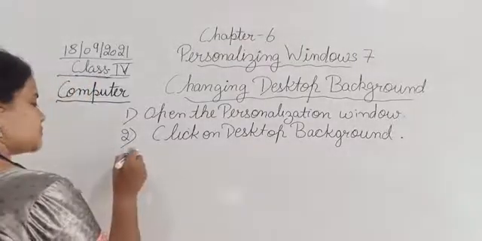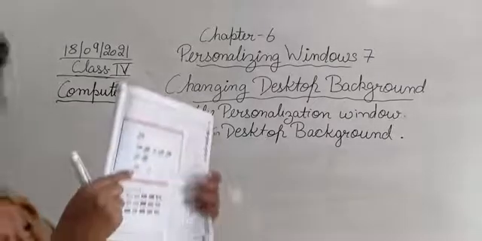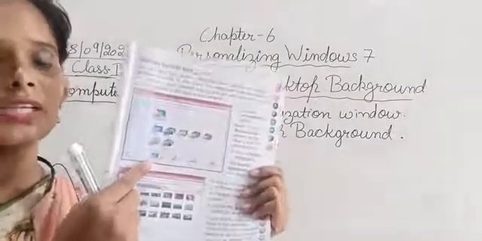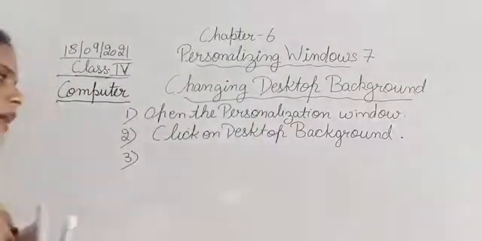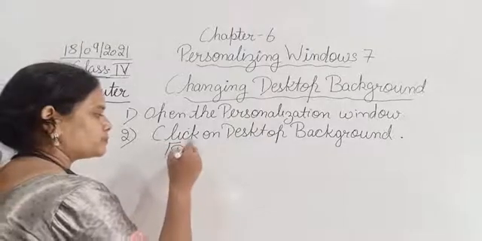Third is after clicking on desktop background, next okay, so desktop background देखिए personalization window में यहाँ पे दी होती है option. So as you click on the desktop background option, what will happen?